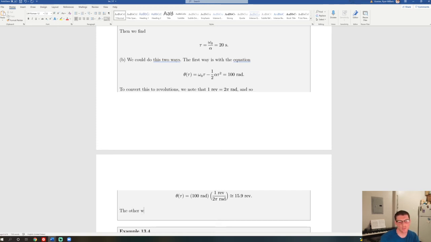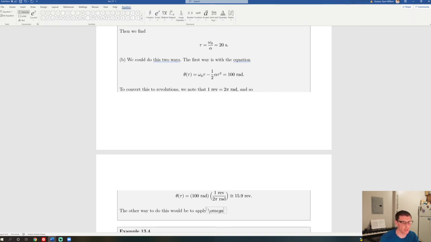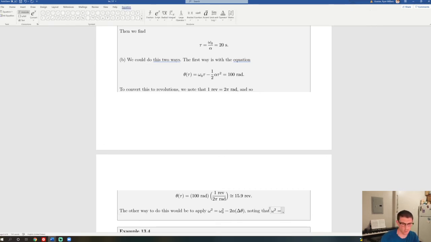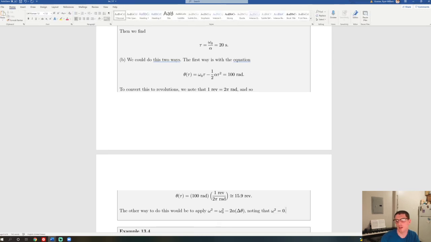The other way to do this would be to apply the equation omega squared equals omega naught squared minus 2 alpha delta theta, noting that the omega we care about is 0 because we're thinking about how long it takes for this to come to a stop, so omega squared equals 0 because omega equals 0 at 20 seconds.